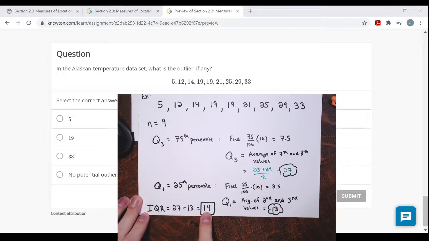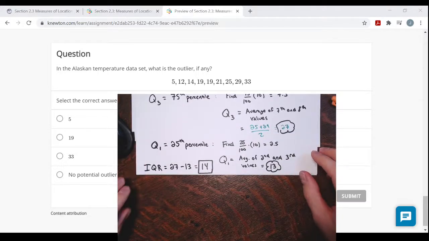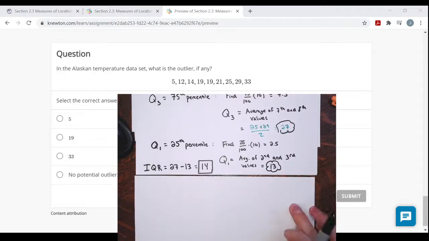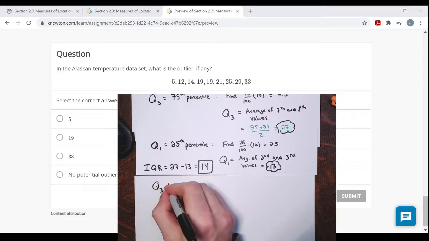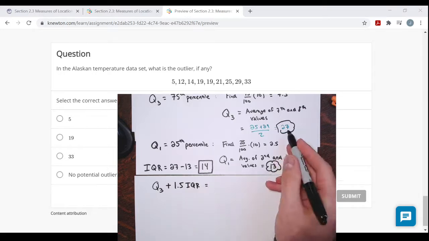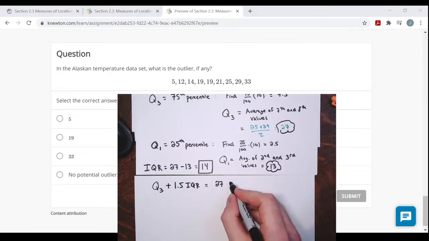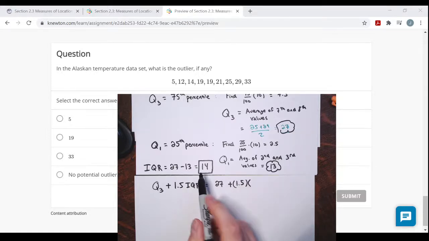So now to determine potential outliers, I'm going to take the third quartile and add 1.5 times the interquartile range. So that's 27, the third quartile, plus 1.5 times the interquartile range, which was 14.